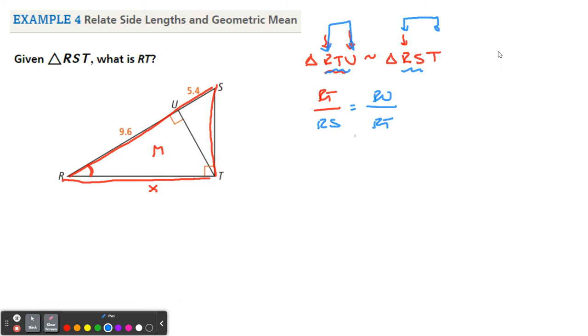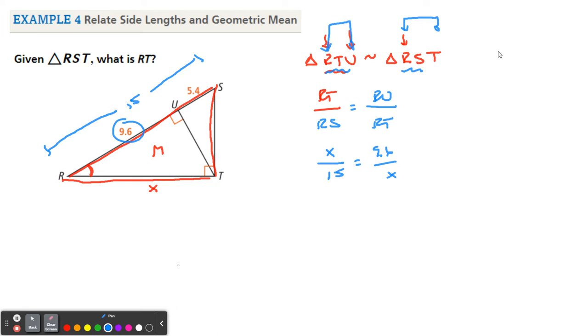So there is my proportion. RT is my unknown, so it's going to be X. RS is the entire length of that hypotenuse. That is going to be 9.6 plus 5.4, a length of 15. What a nice number that is. And that's going to equal RU, which is 9.6, over RT, which is my X again.